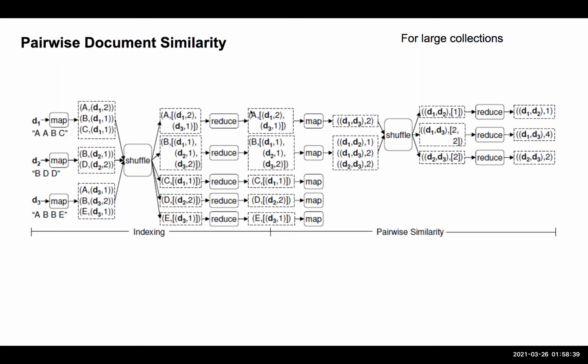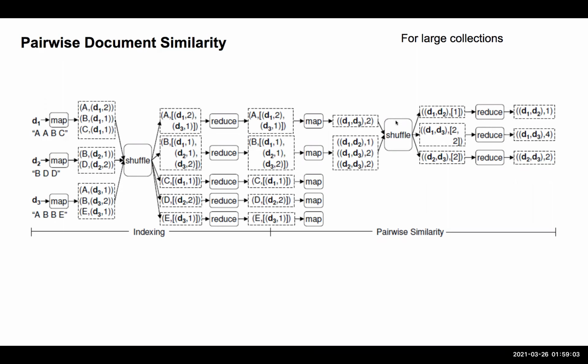But if the term has two or more documents, it will match them together and also calculate the number of matches. For example, for term A, it has two matches between document 1 and 3. Similar things for term B.